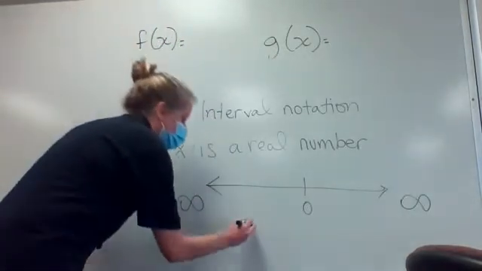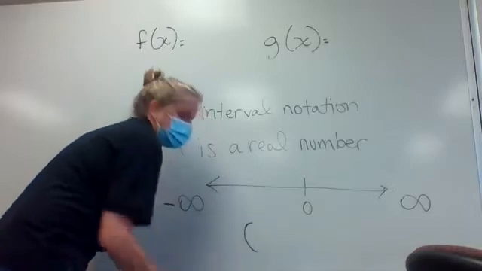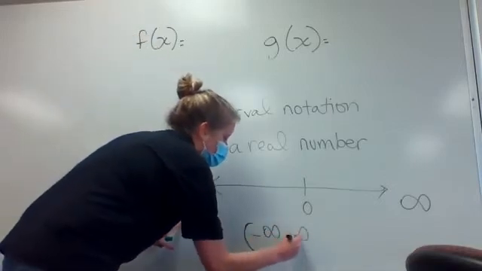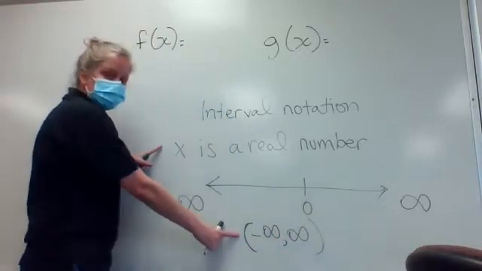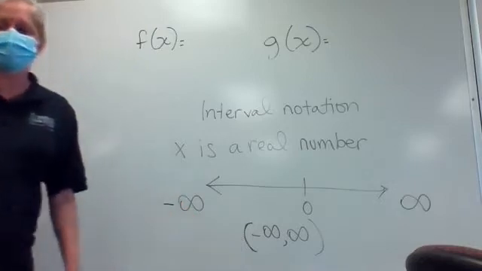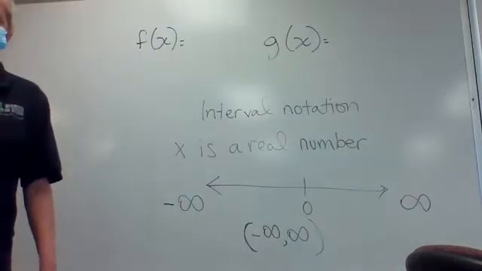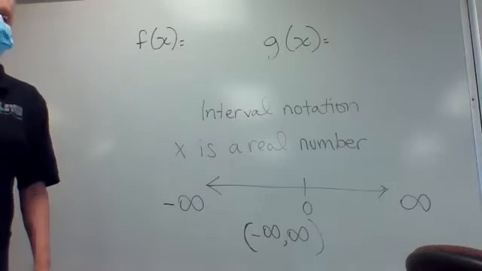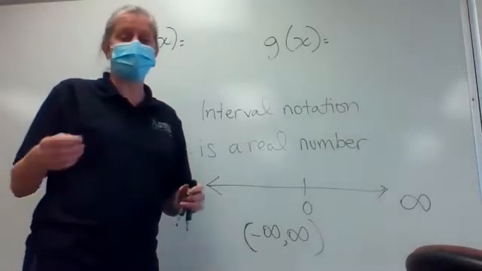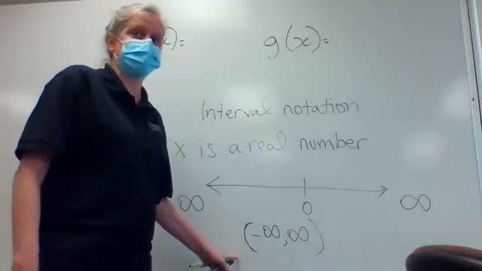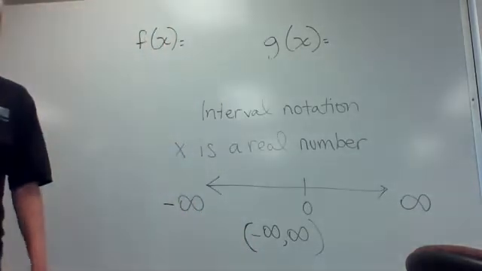The way you would write that is, infinities always have parentheses around them, always. From negative infinity to positive infinity. These two things mean the same thing: no restrictions in your domain, all the numbers. So if your answer ends up not having a fraction with an X in the bottom, then you don't have any restrictions.